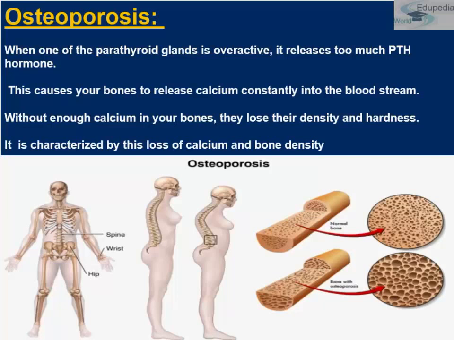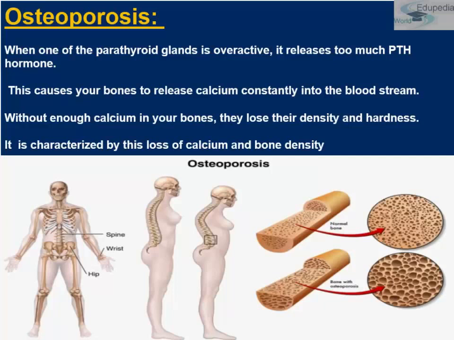That means the calcium of your bones starts to drain off into the bloodstream, and that calcium will be excreted by the kidney, so excessive urine calcium will cause kidney stones too.